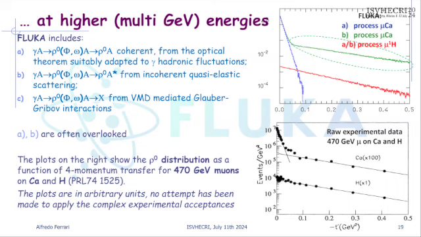I would have expected an order of magnitude less. If you take, for example, pions, coherent and incoherent elastic scattering of pions on nuclei, for light nuclei they are typically 20% of the total cross-section.